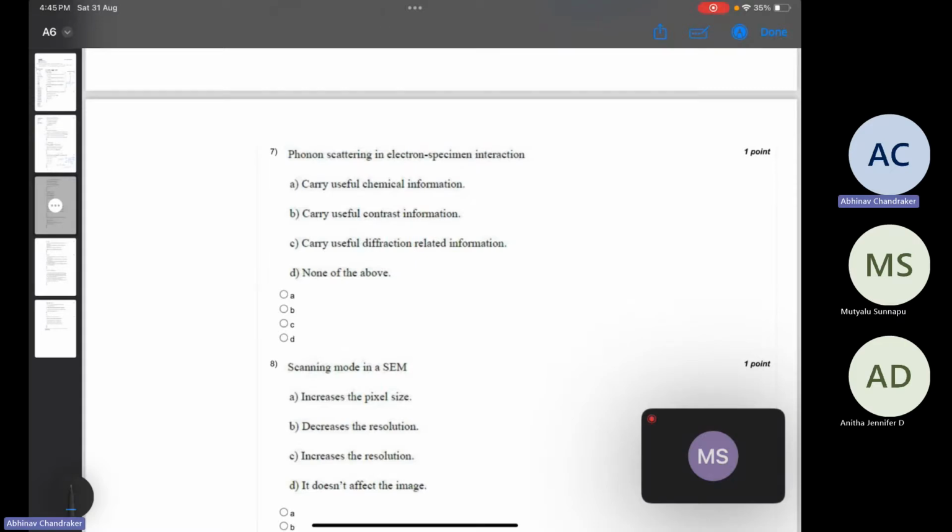Phonon scattering. Phonon scattering in electrons is a specific interaction.